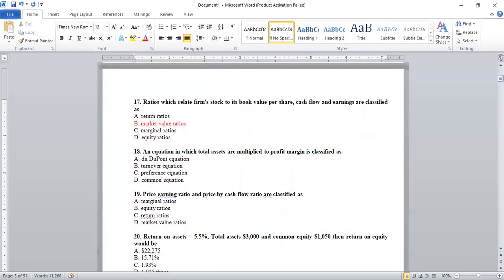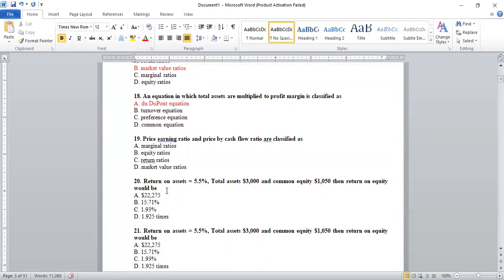Next, an equation in which total assets are multiplied by profit margin is classified as the DuPont equation. Next, price earnings ratio and price to cash flow ratio are classified as market value ratios.